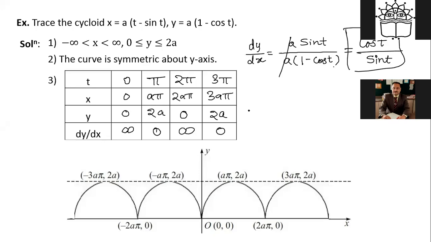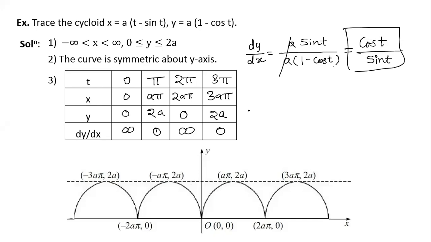Next point, x equal to 2a pi, y equal to 0, dy by dx is infinity, so the tangent at that point is parallel to the y-axis. And finally, x equal to 3a pi, y equal to 2a, dy by dx is equal to 0, so the tangent at that point is parallel to the x-axis. The same continues indefinitely to the right-hand side, and because of the symmetry, the same happens on the left-hand side also.